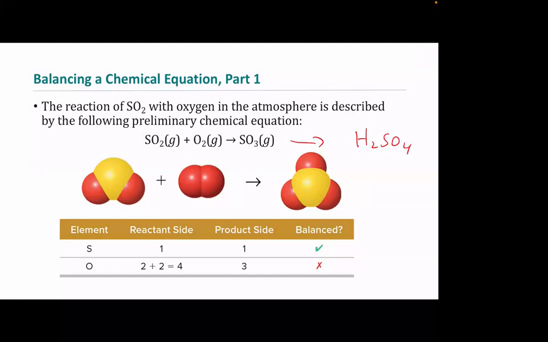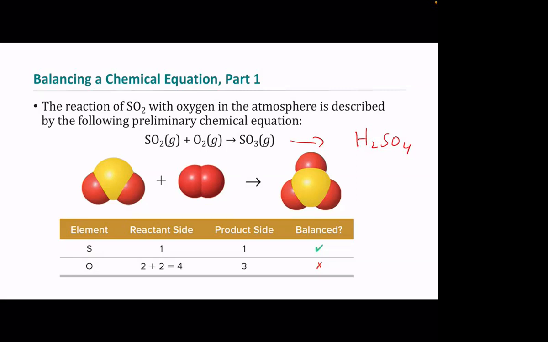All right, so this is not balanced, right? So we've got to do something, because this is the chemical reaction that happens. That's all it's saying. It's not balanced. It's just saying when sulfur dioxide reacts with oxygen, we get SO3. Now, if I had one sulfur dioxide molecule and one oxygen molecule, this reaction couldn't possibly happen, correct?